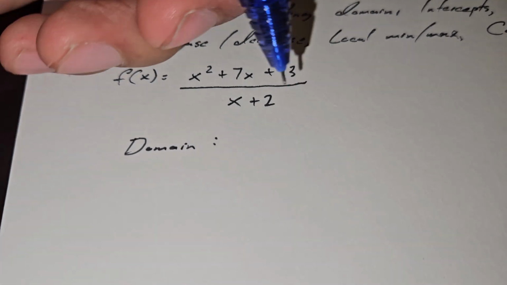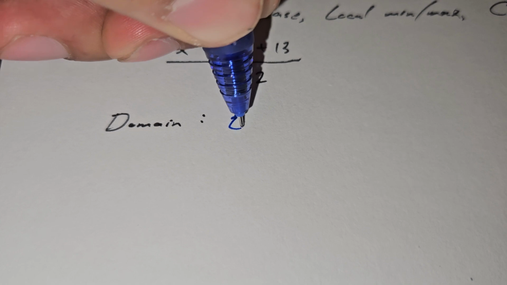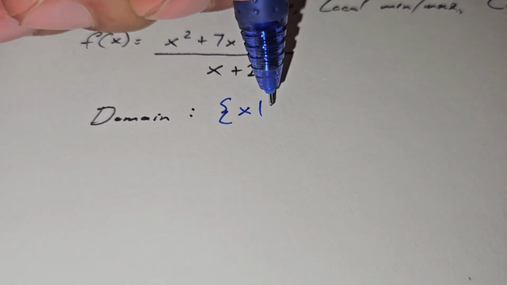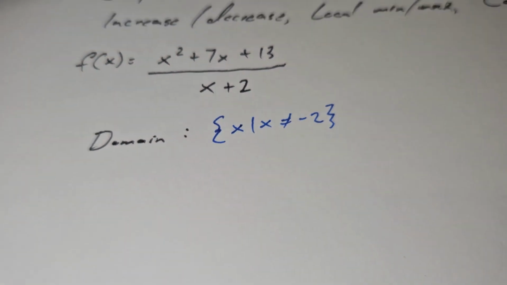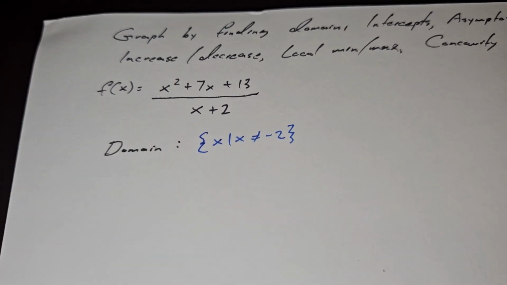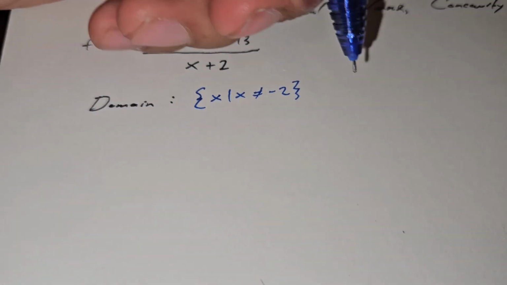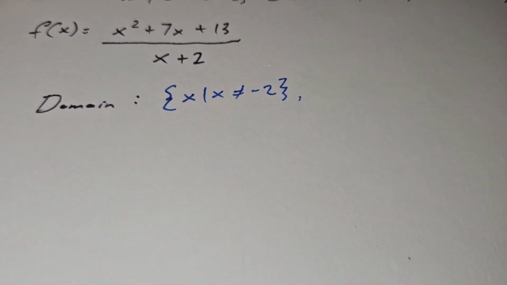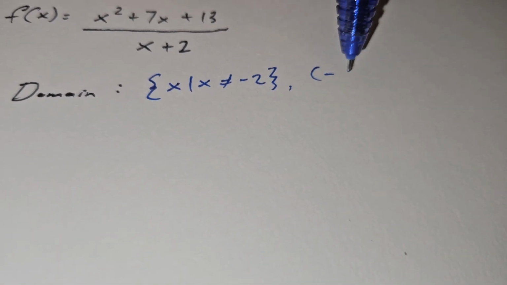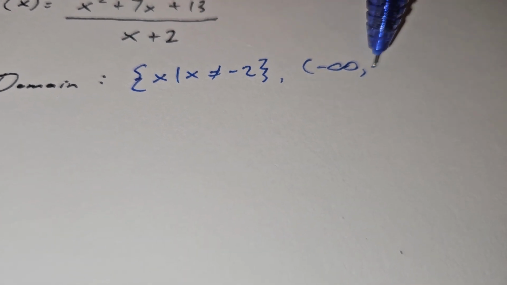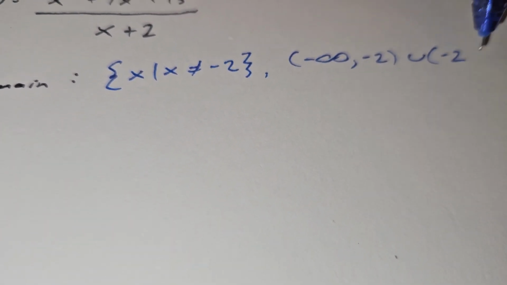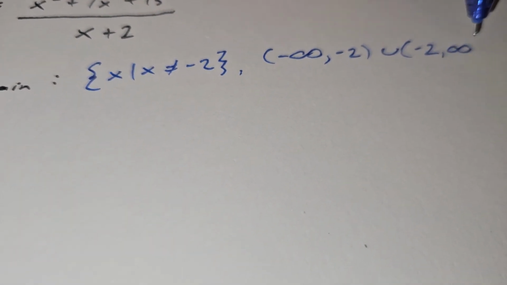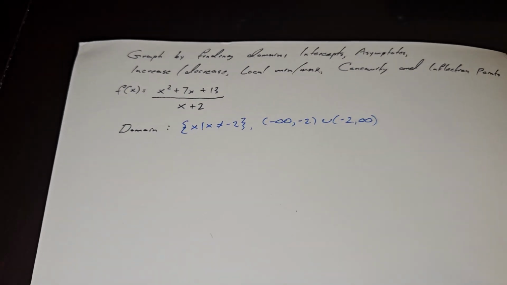So this means that the domain is x such that x cannot equal -2, because we cannot plug in -2 in there and get out a value because it's undefined. So we can also write the domain as -infinity to -2 union -2 all the way to positive infinity. So that's how we can do the domain for this function.